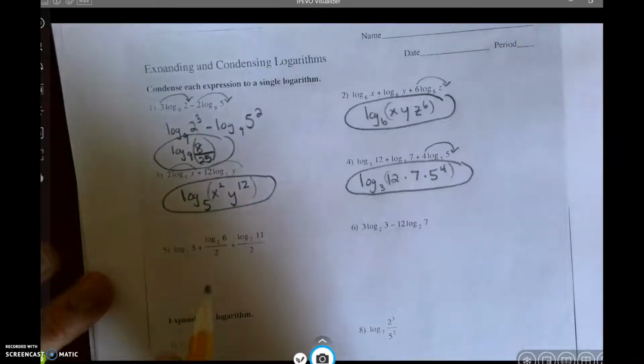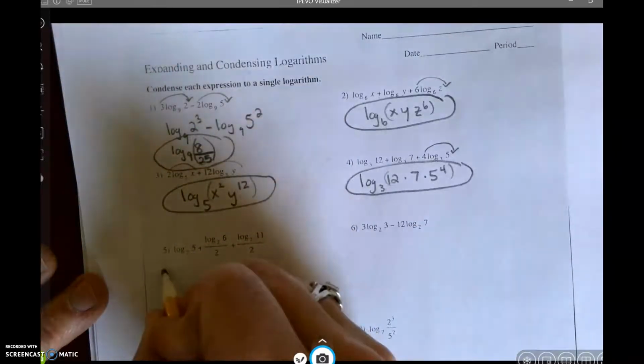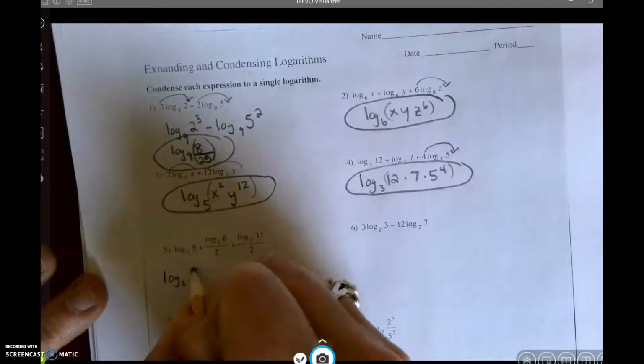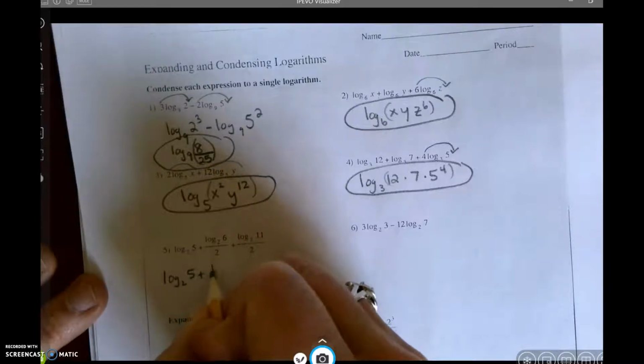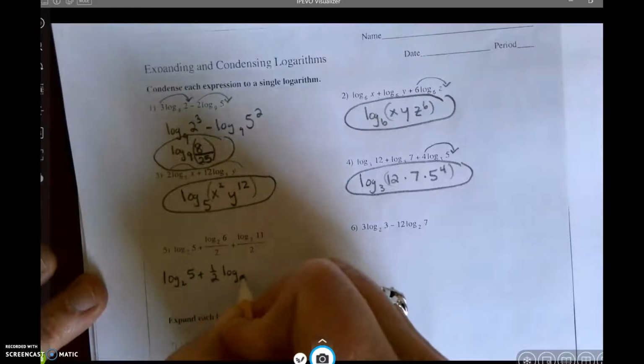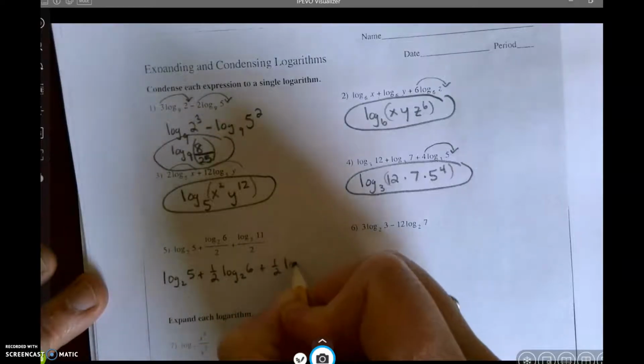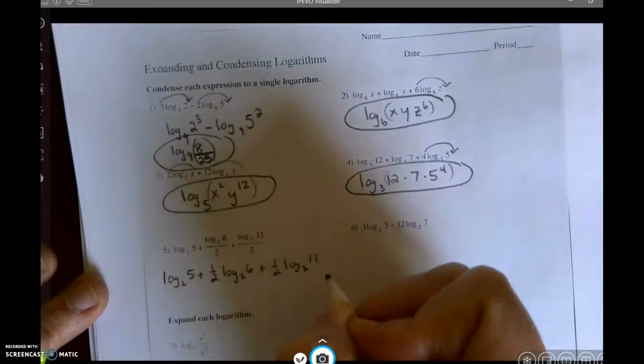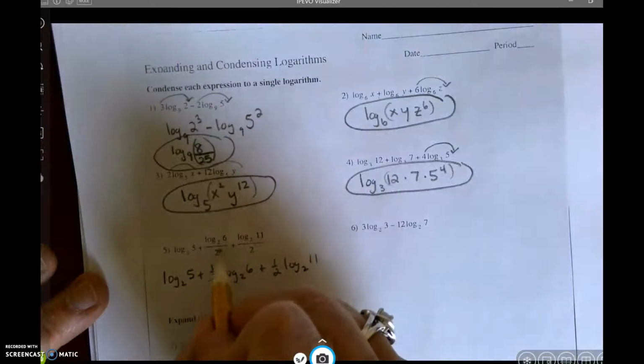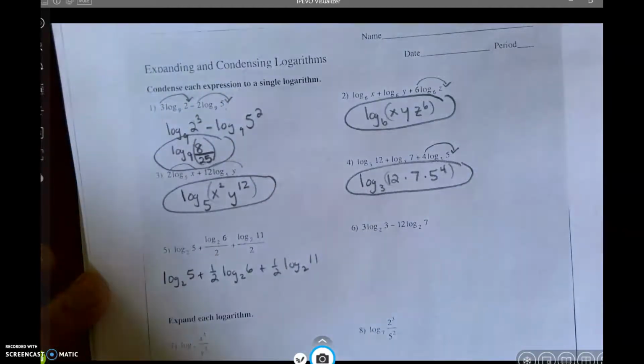Alright, number 5. We've got log base 2 of 5 plus 1/2 log base 2 of 6 plus 1/2 log base 2 of 11. Because this whole thing is divided by 2, that's the same as multiplying by a half.